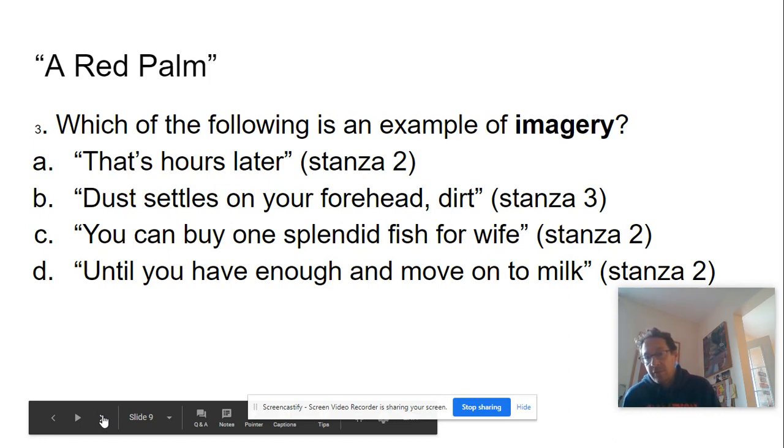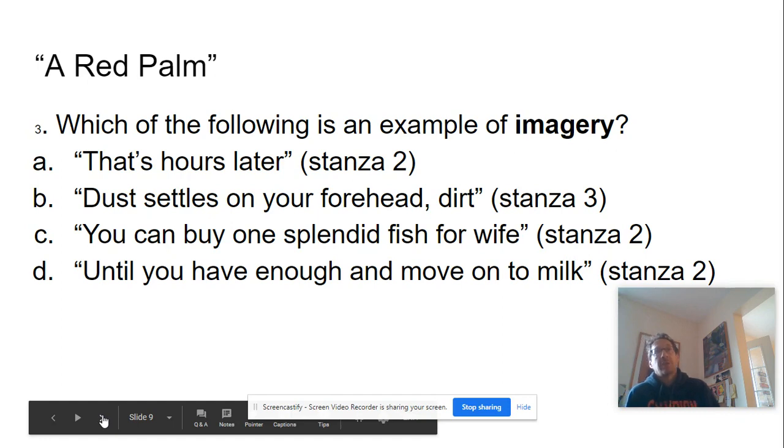Dust settles on your forehead, dirt. I can picture that. I can picture somebody working so hard and getting dirty as they go along. So I'm going to skip that right now because it's a possible answer. You can buy one splendid fish for wife. Well, splendid fish brings something into my mind.